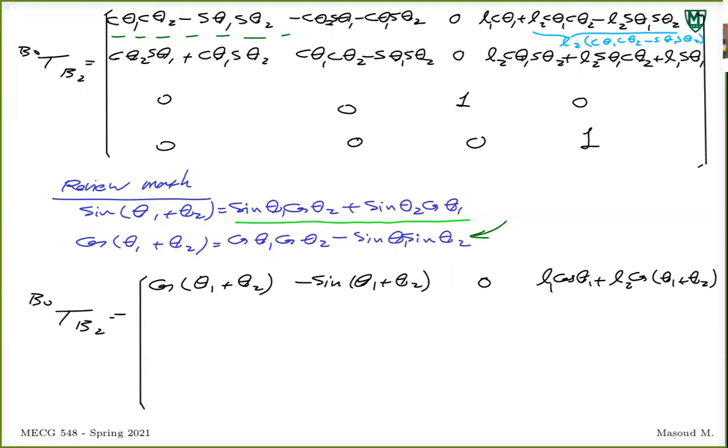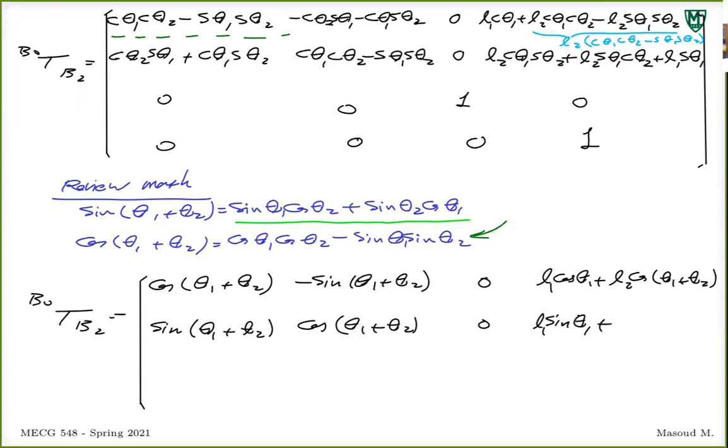Same story, we can simplify the other ones. This one becomes sine theta 1 plus theta 2. The next one becomes cosine theta 1 plus theta 2. This is 0. This you'll get L1 if I factor that out. The first one, we can't really do that much about it: sine theta 1.